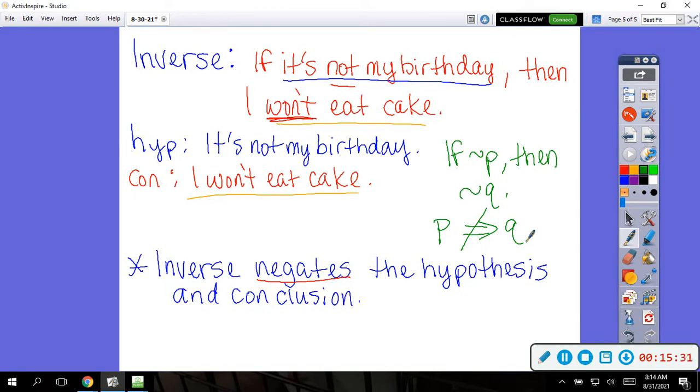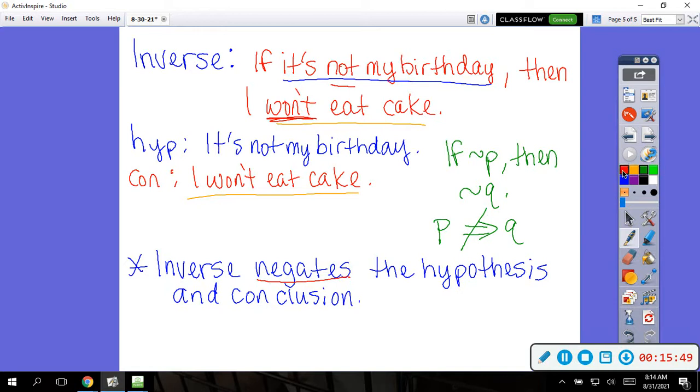So this little symbol actually has multiple meanings in math, so it depends on context. Later, when we're dealing with shapes, this means similar. Here, in the symbols for logic, it means not. So if not P, then not Q.